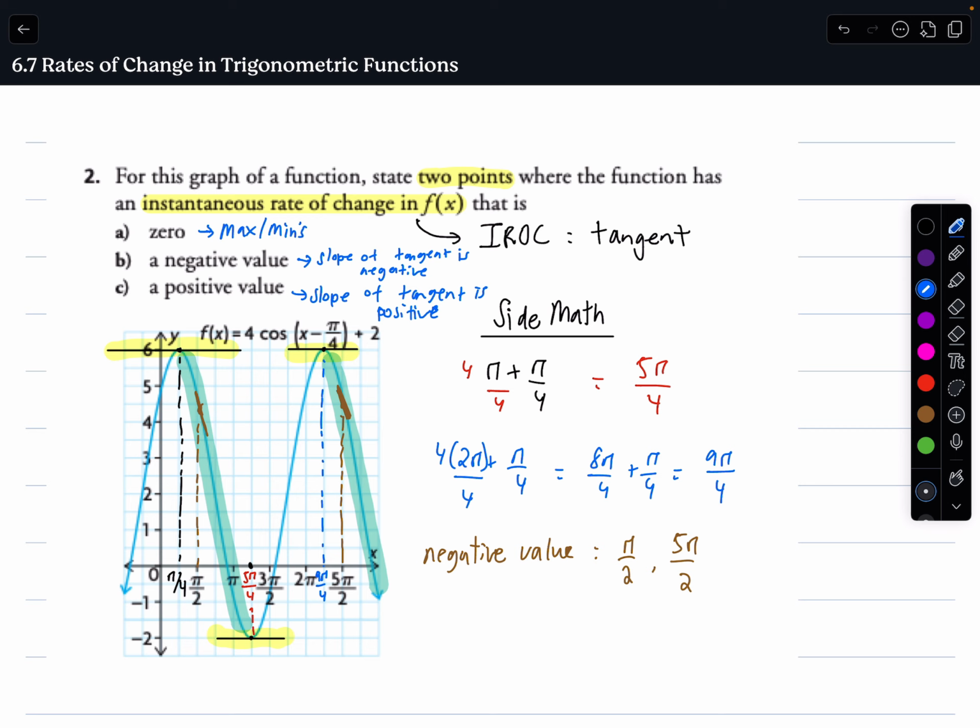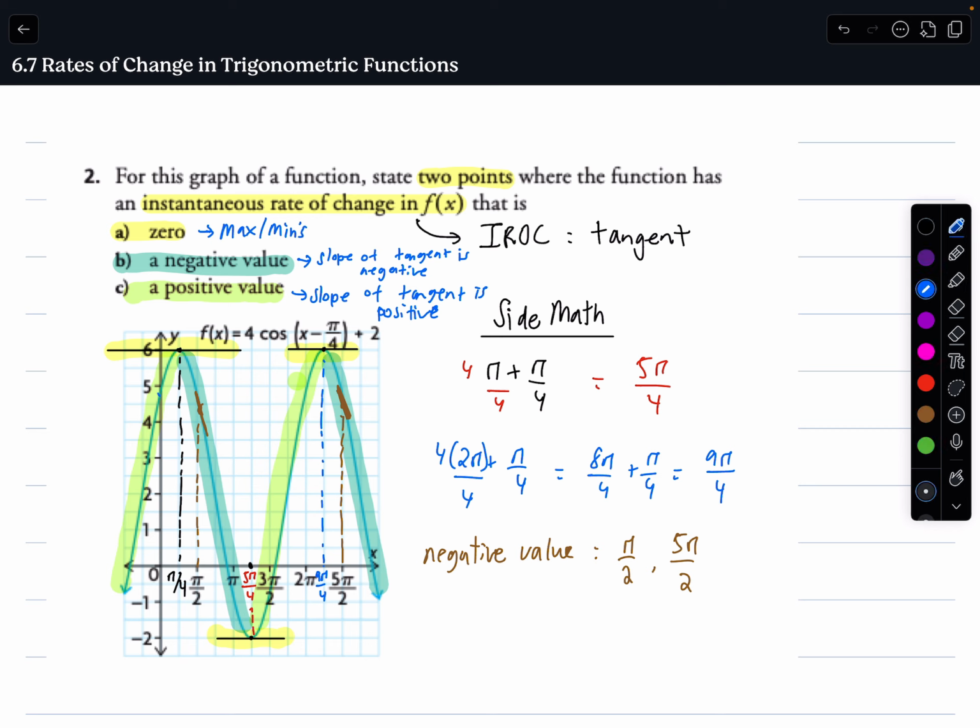Okay, so where would it be positive? So this is very similar, but we're going to be on the other side. So anywhere here or anywhere here is where it's positive. So these are the positives, these are the negatives, and the zeros are yellow. So where is it positive? We have that. So now we can actually just take a point.